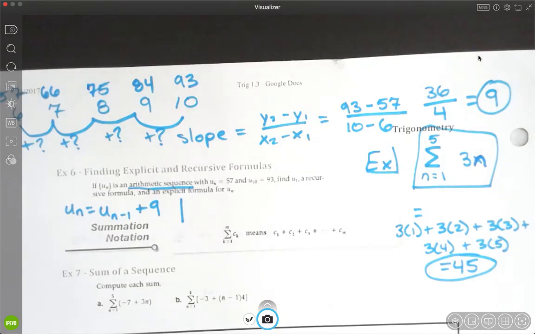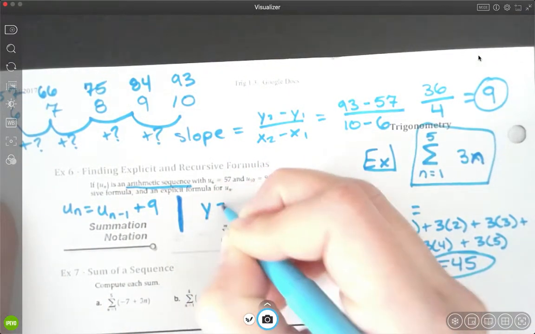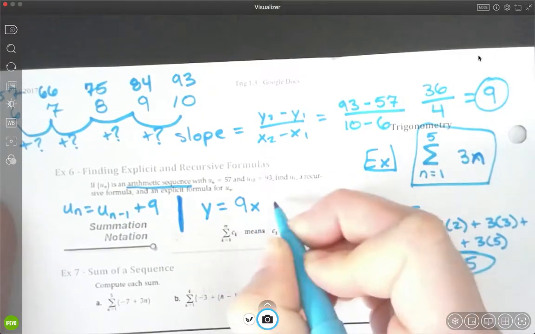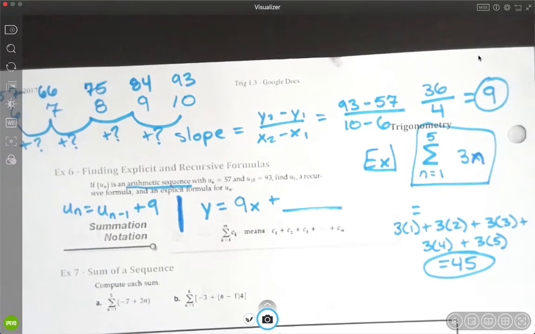So then when we go to do explicit, because it wants the explicit formula, we have, this is my division right here, y equals 9x plus something. We need to figure out what the first term is. We don't know what u1 is. And really, technically, it's not u1 that we need to find. It's u0 that we need to find.